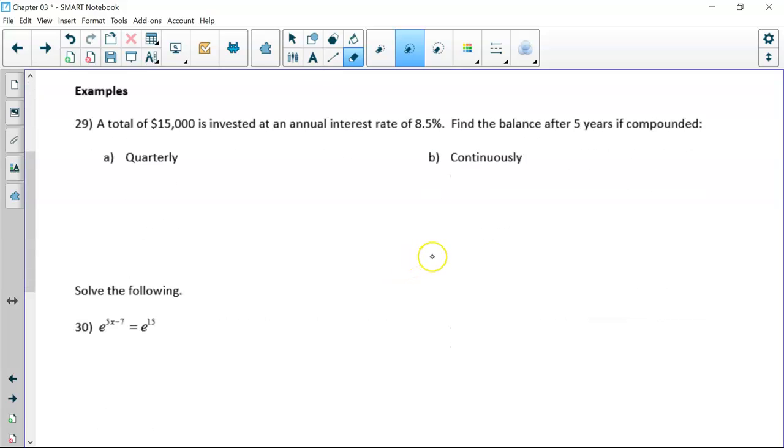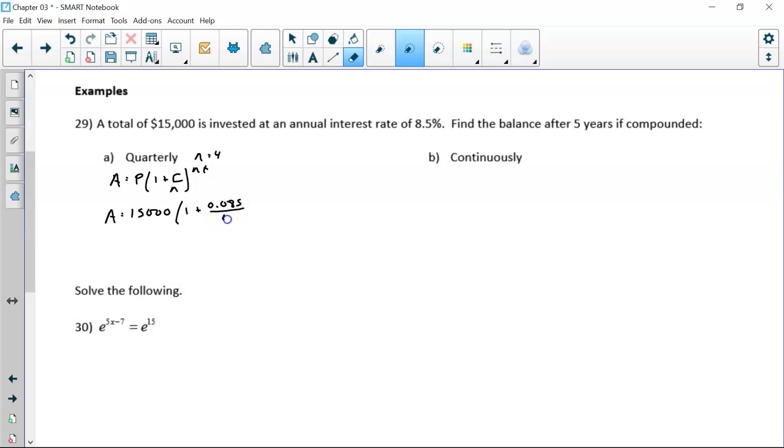So looking at 29A, for quarterly, that's when N equals 4. A, the amount in the account, equals P times 1 plus R over N to the NT. So we're investing $15,000. 1 plus, now 8.5 is 0.085.